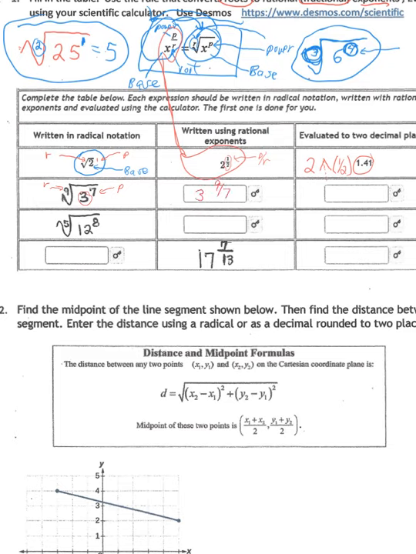When I use my calculator on that, I take 3 and raise it to the 9 over 7, usually parentheses needed, and we get 4.11 on that.